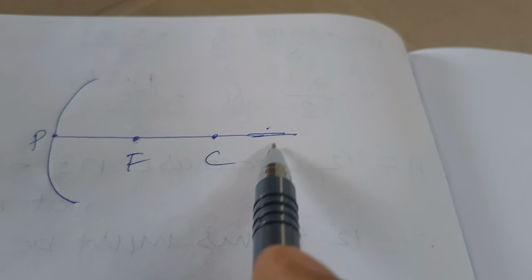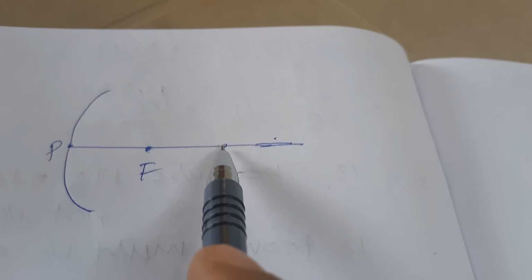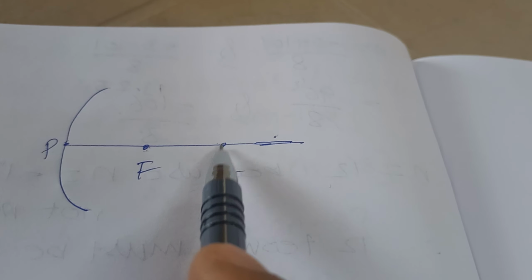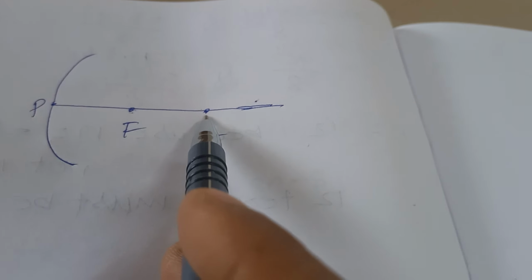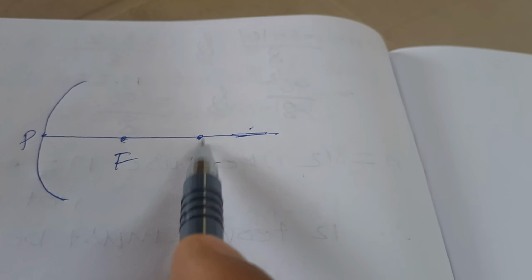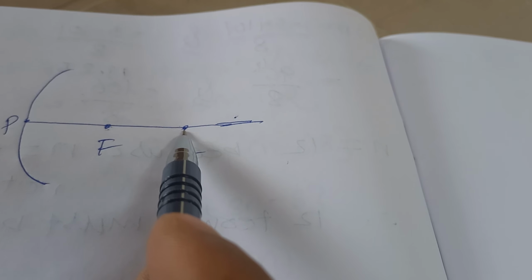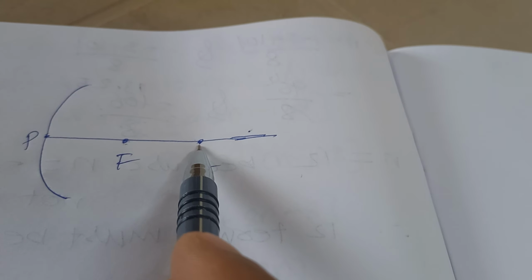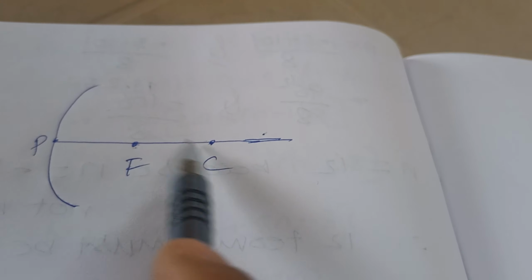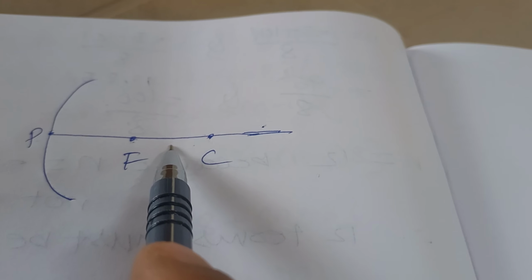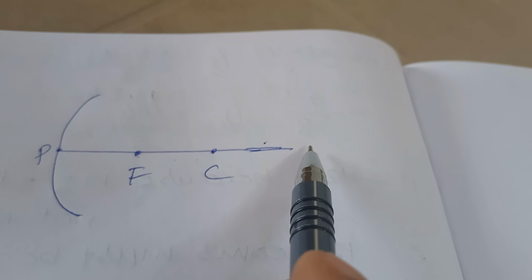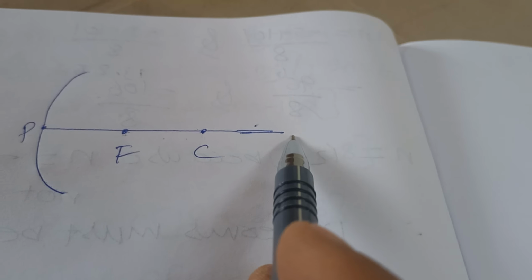Next, if the object is at the center of curvature, we get the image also at the center of curvature. Next, if the object is between the center of curvature and the focus, we get the image beyond the center of curvature.